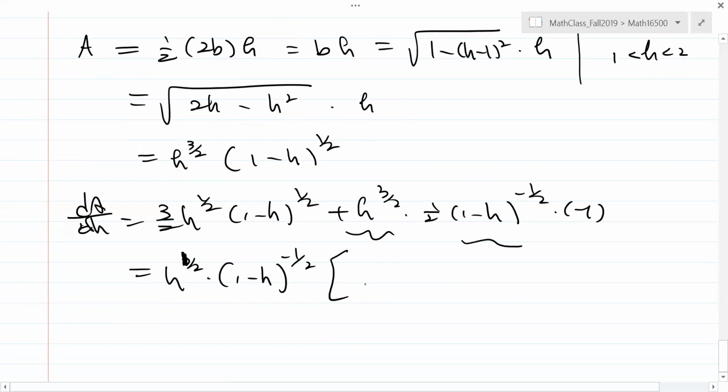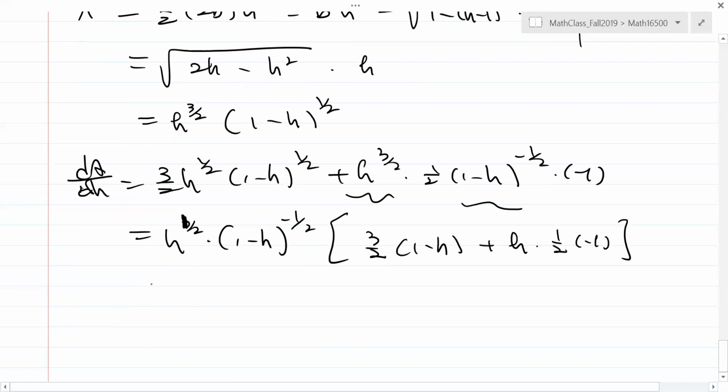So I will get 3 over 2, (2 minus h), okay, and here's h times 1/2, negative 1. So you get a linear term. If you take 1/2 out, 3 minus 3h minus h.